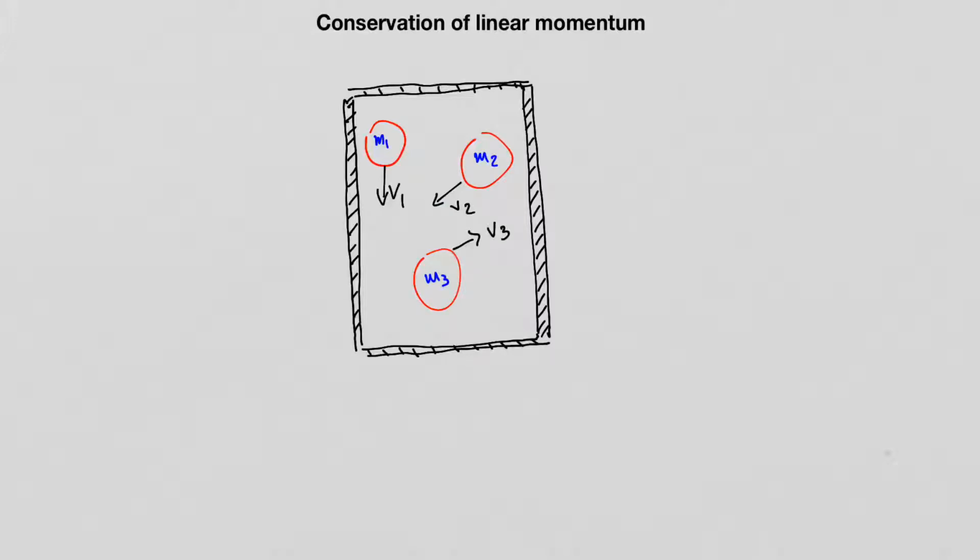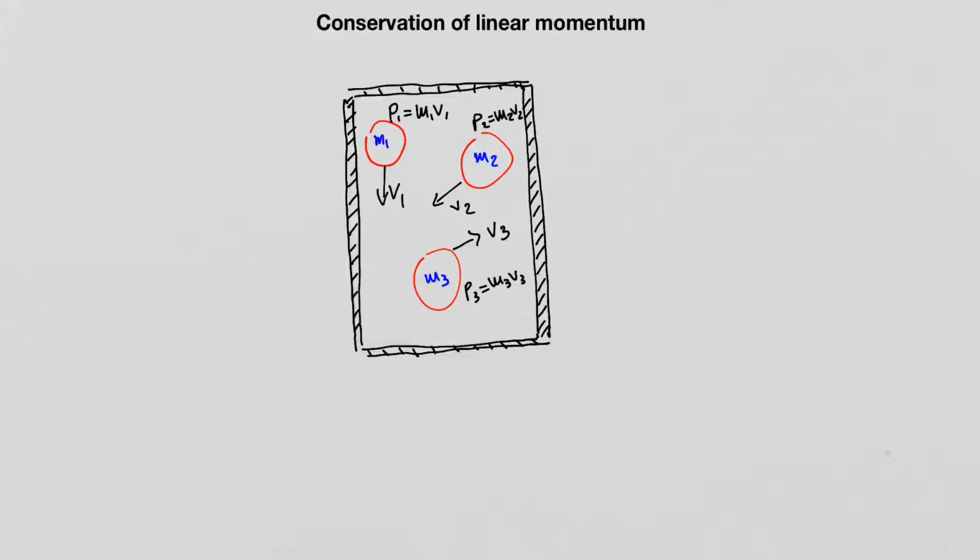And so these velocities are randomly directed. Inside the container, the molecules are moving in a completely random fashion. So knowing their masses and velocities, I can then assign momentum to each of those molecules. The first molecule has momentum M1 V1. The second molecule has momentum M2 V2. The third molecule has momentum M3 V3.